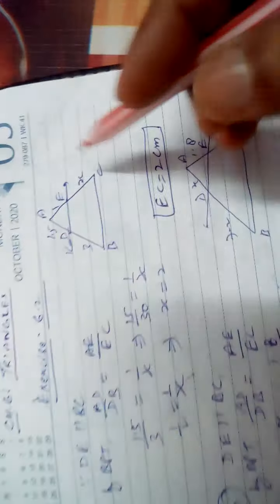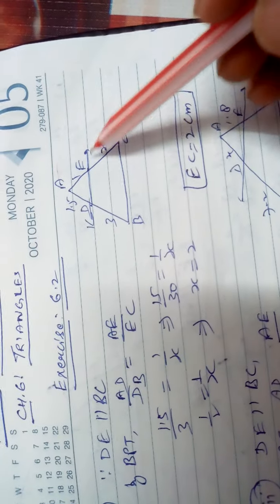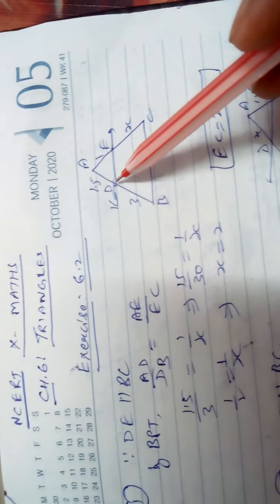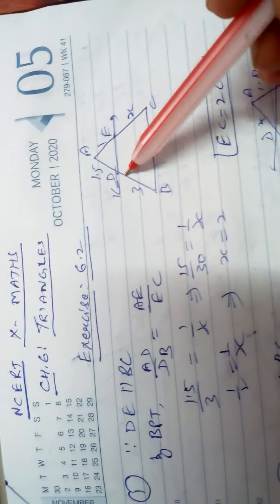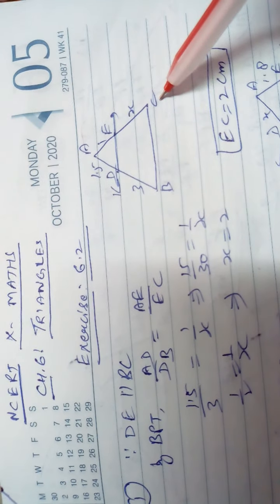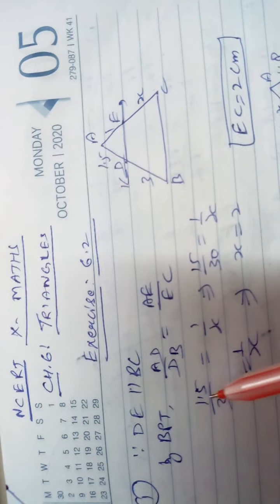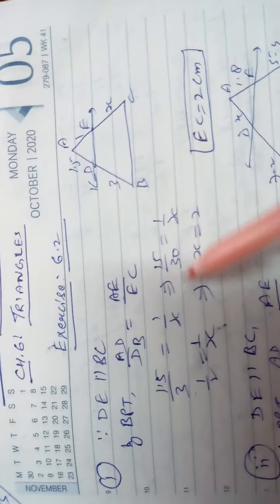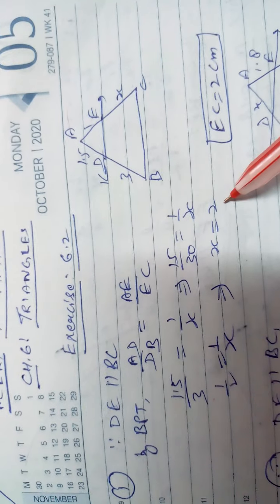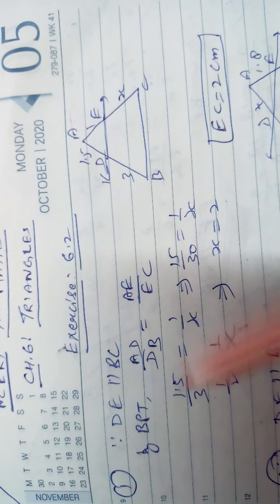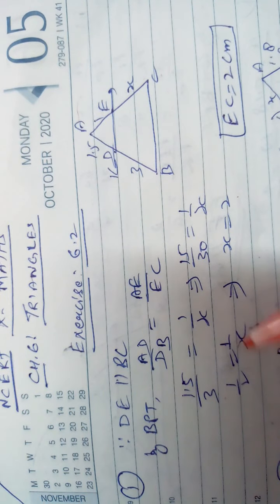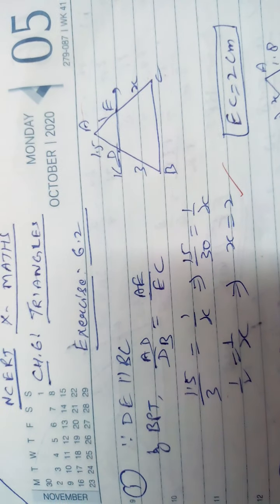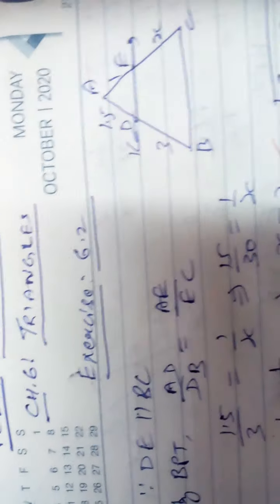So in a very simple way, in this figure ABC, you want to find AC where DE is parallel to BC. So by BPT, AD by DB is equal to AE by EC. EC will be X. So 1.5 by 3 equals 1 by X. Remove the point, 15 by 30, 1 by 2, cross multiply, X is equal to 2. EC is equal to 2.